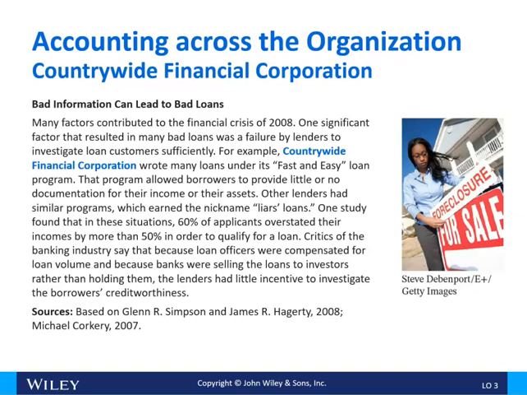Critics of the banking industry say that loan officers were compensated for loan volume, not the quality of the loans, just how many loans they could write. Banks were selling the loans to investors rather than holding them, so they weren't taking on the risk. They were selling that risk to other banks.